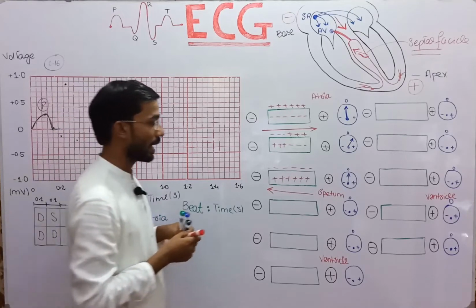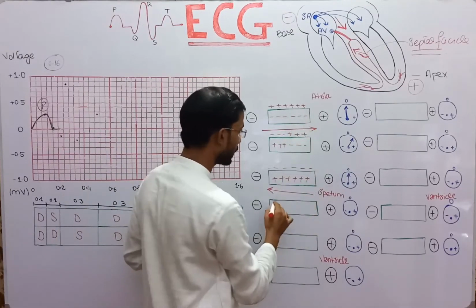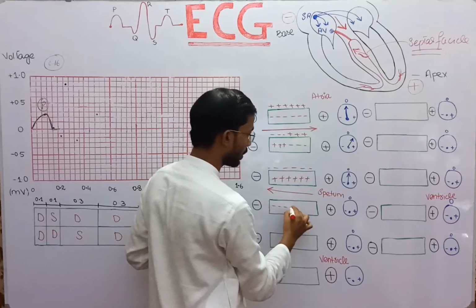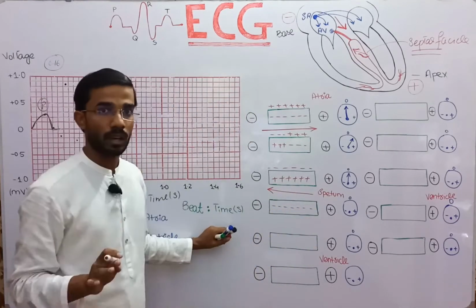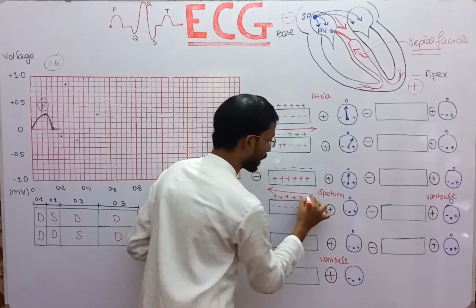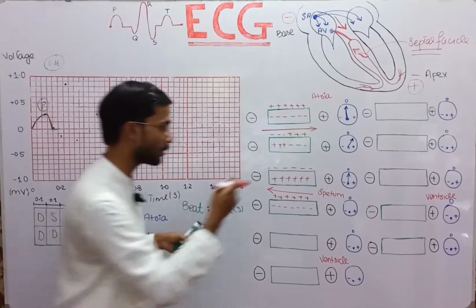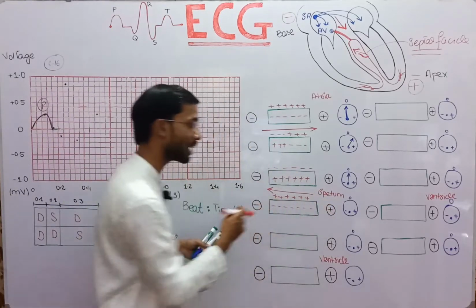Right? And here you can see that the ventricles are actually in a polarized state, and they now start becoming depolarized. The direction is from positive to negative.